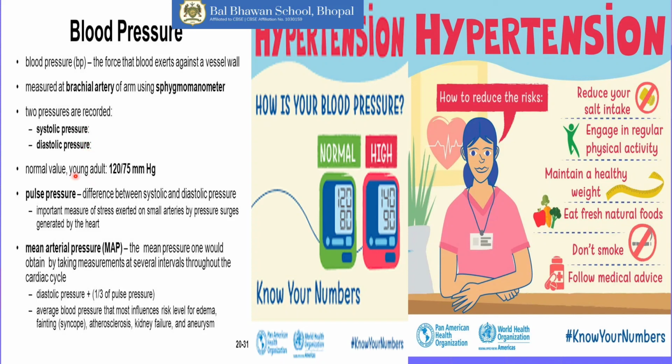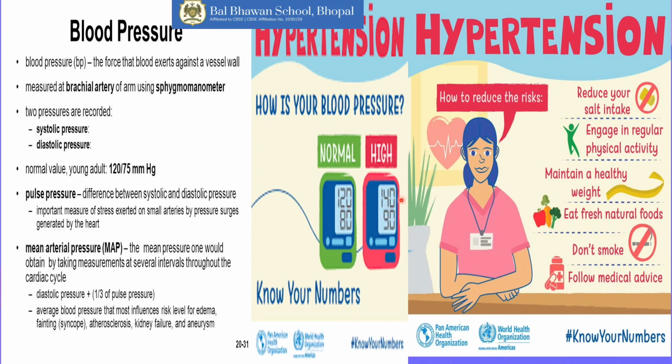In an adult it is about 120 upon 75 millimeter of mercury. So if you have blood pressure of 120 upon 80, that's the normal value. Any value above this constitutes hypertension or high blood pressure.